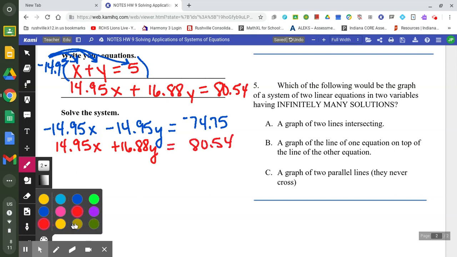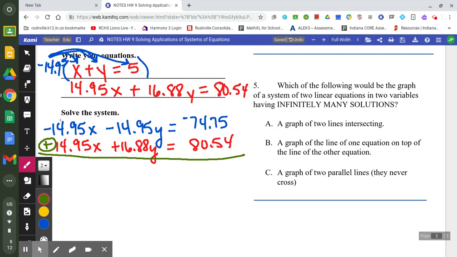And now those two equations are ready to be added together. So my negative 14.95x and my positive 14.95x cancel. And so now I have negative 14.95 plus 16.88. And that gives me positive 1.93y. And that looks funny, but it's okay because we're talking about money. So $1.93 doesn't look funny.